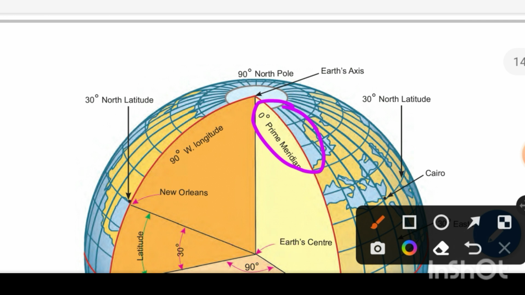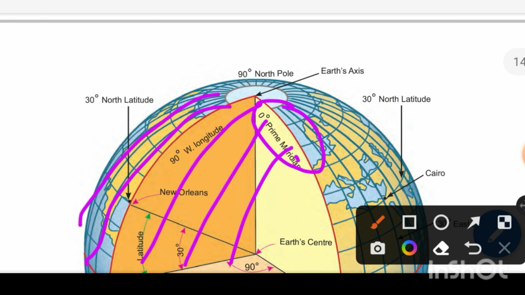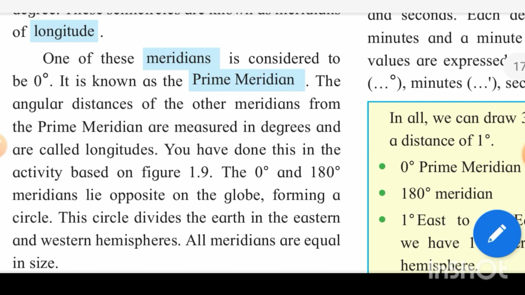The one which is 0 degree is called the prime meridian, but all other semicircles, like the one which is passing by here, all such semicircles are called meridians. The angular distances of the other meridians from the prime meridian are measured in degrees and are called longitudes.